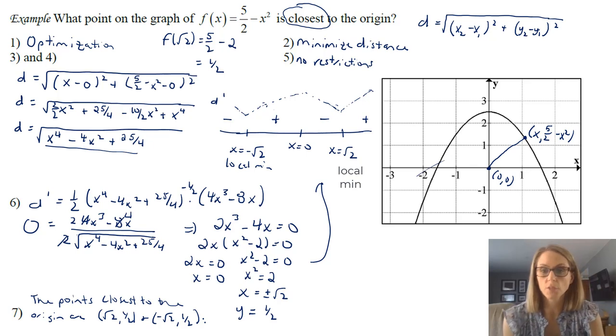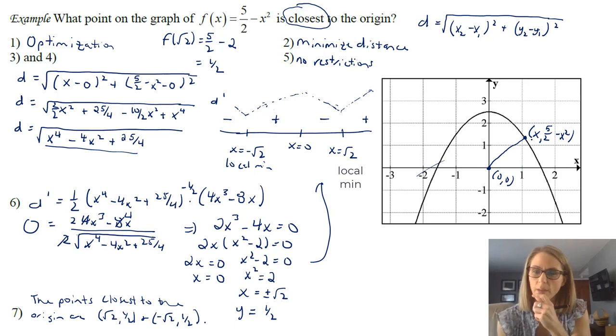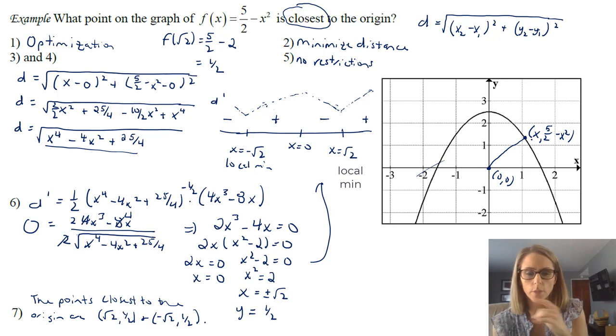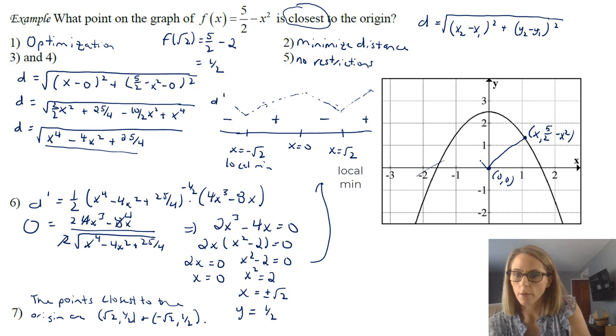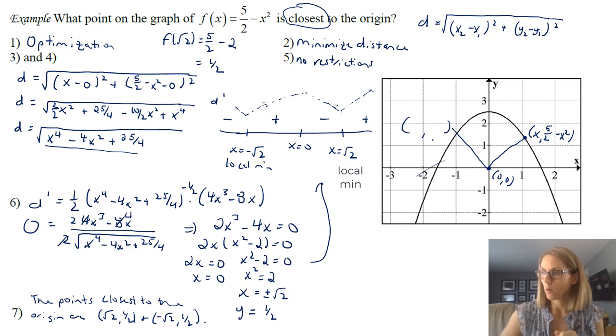And those are the 2 points closest to the origin. And if we look at where we put our sample point there, we can see we're probably a little bit off. It probably is a little bit farther down because root 2 is about 1.41. But the point is here that we have 2 points because of the symmetry that are actually the closest. So one more example of optimization.